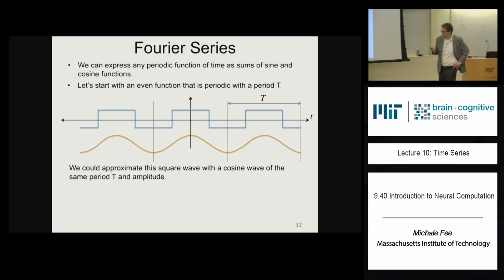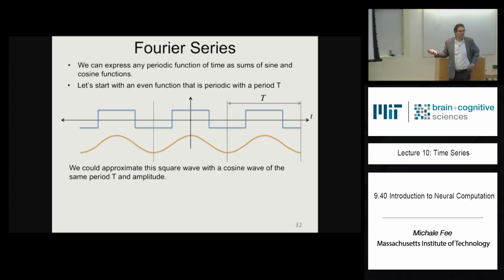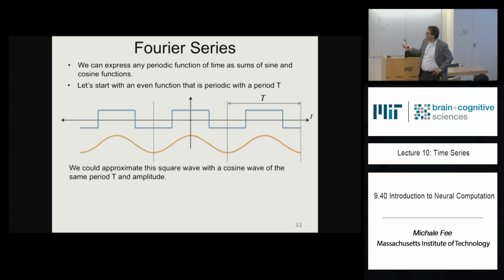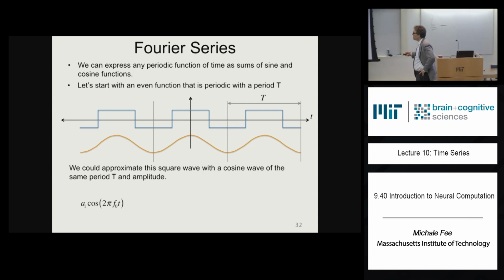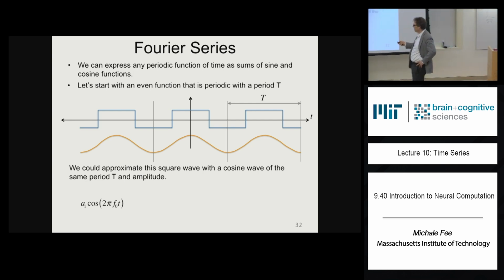Now, we might say, that's not a very good approximation. What could we add to it to make a better approximation? Another cosine wave, which is what we're going to do in just a second.